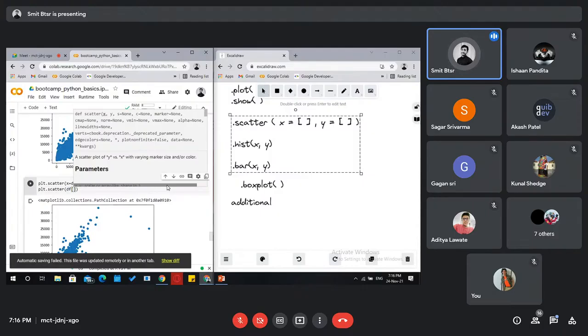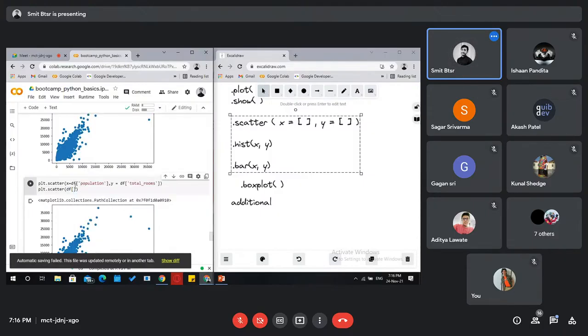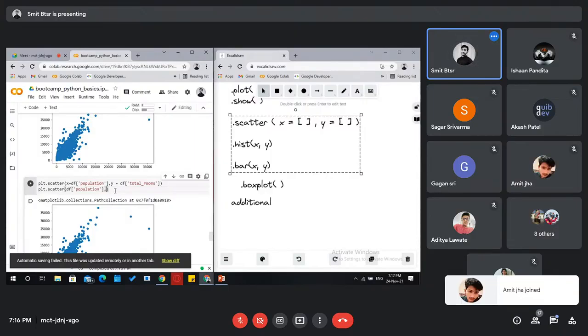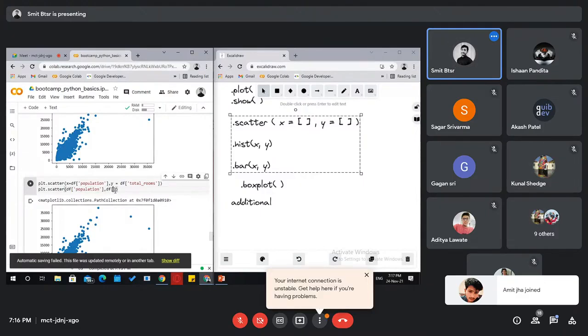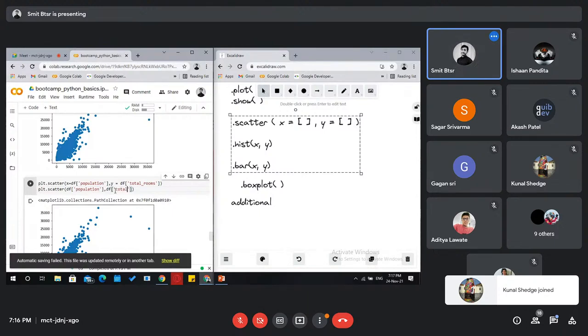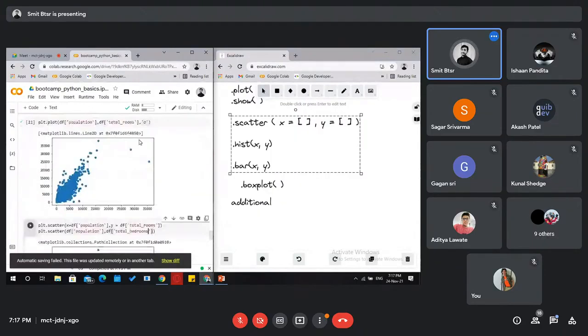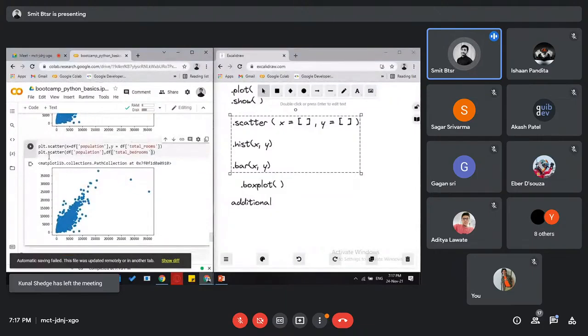Population versus total bedrooms, so df total bedrooms. Okay. Now what we want to do is one thing.